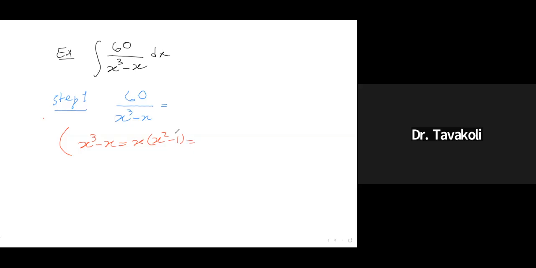And that can be factored as x times (x + 1) times (x − 1). So this can be written as the sum of three fractions. The first one with the denominator of x, the next one with the denominator of x + 1, and the third one with the denominator of x − 1. And I need to determine what the constants A, B, and C are.